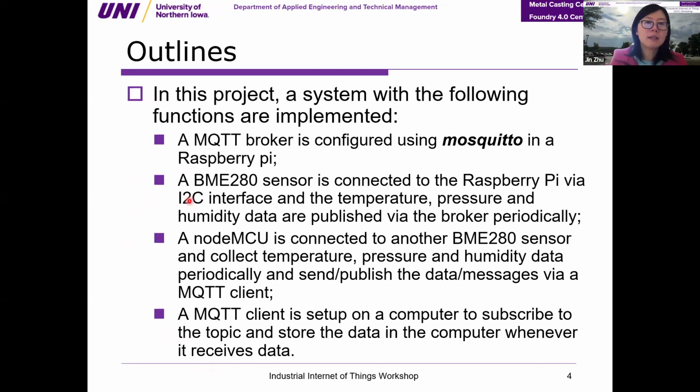One is in the Raspberry Pi, to publish the data from the BME280 sensor. Another one is on the Node MCU, also used to publish data from the BME280 sensor. The third one is an MQTT client set up on your computer, which is a subscriber, and it's going to receive the messages from the broker. So that's the general 2 parts.